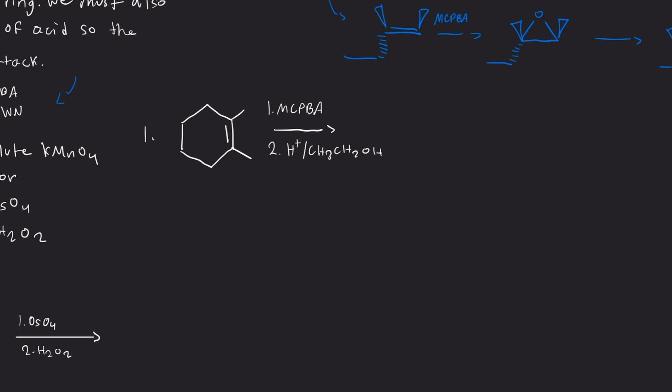So in this example, I'm going to put the methyls on wedges. And with MCPBA, our epoxide ring is going to form like this. And it's going to be the same thing, except this time we're adding the acidic hydrogen.